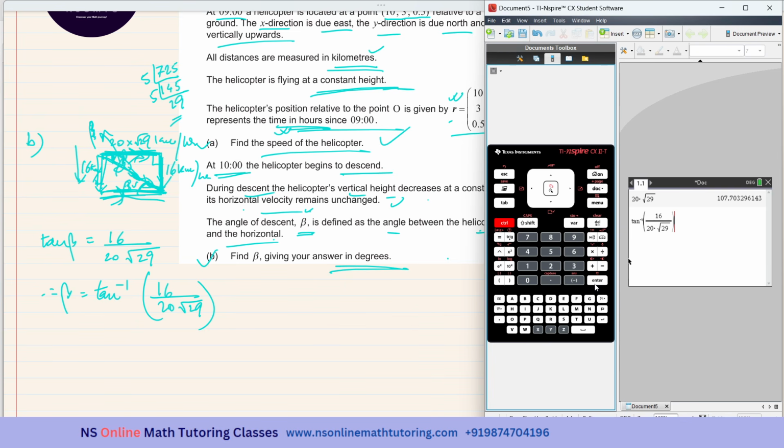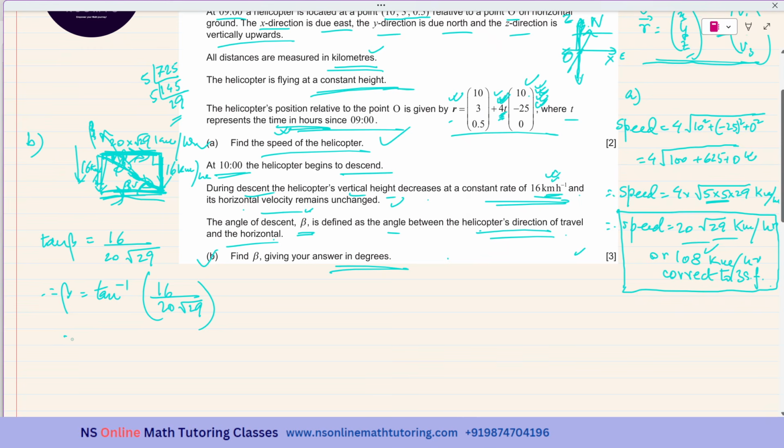It is 8.4498. So correct to 3 significant figures, it will be 8.45. Therefore, beta equals 8.45 degrees, correct to 3 significant figures.